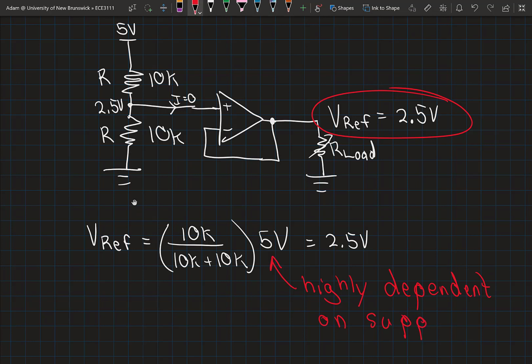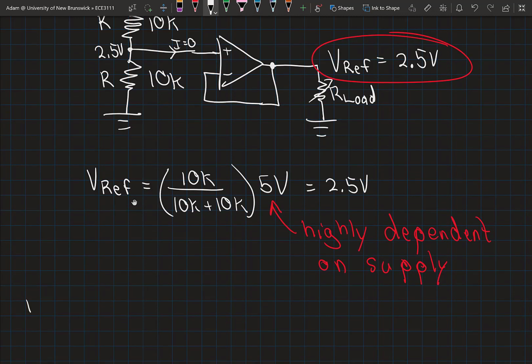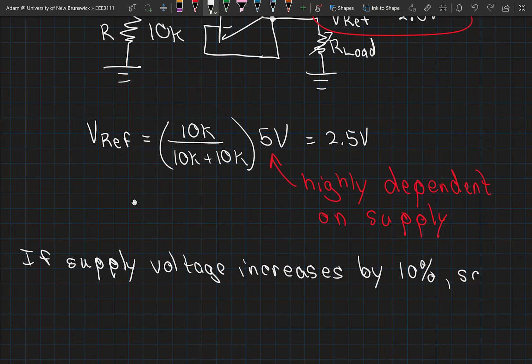The supply voltage might fluctuate, or maybe we're generating a supply from an AC source, so maybe there's a lot of fluctuation. So in fact, if the supply voltage increases by even 10%, so does my reference voltage.